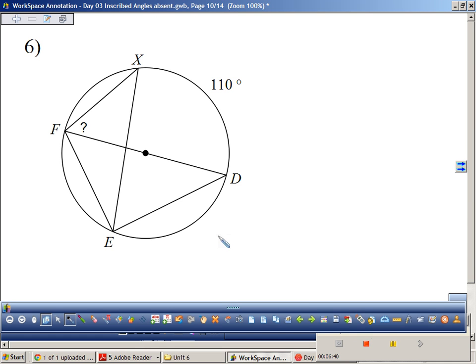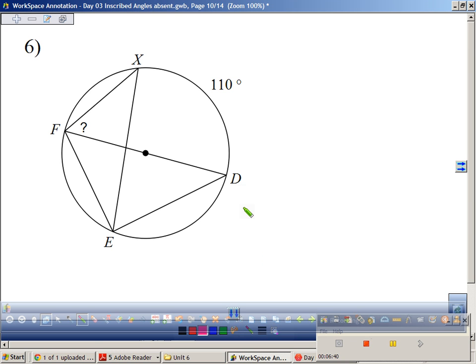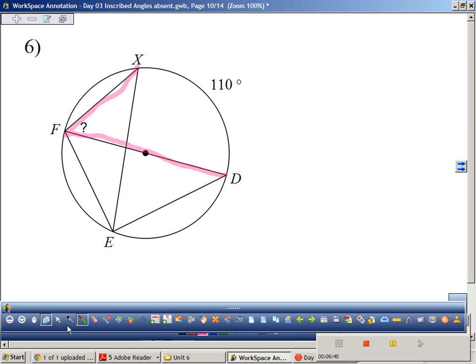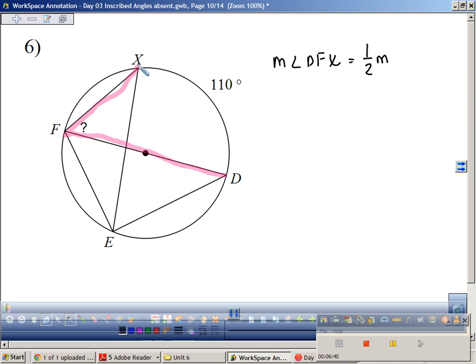Okay, let's do number 6. Lots of intercepted angles, inscribed angles in here. The one I want to know is this one right here. D, F, X. The measure of angle D, F, X is going to be half of the measure of arc DX.